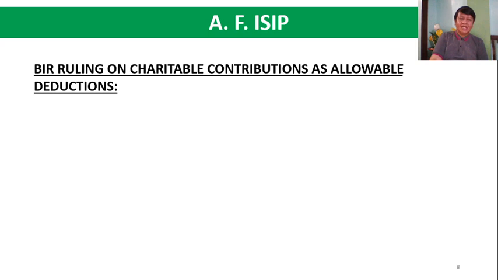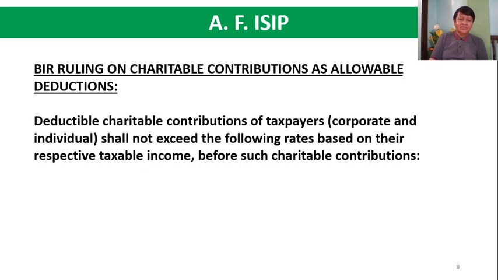Let's continue with the BIR ruling. Deductible charitable contributions of taxpayers, corporate and individual, shall not exceed the following rates based on their respective taxable income before such charitable contributions. So, this is now the limitation.